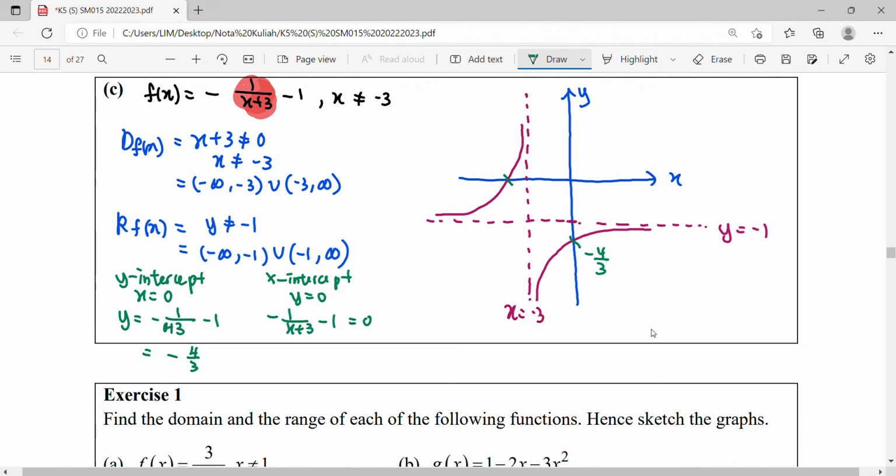So simplify. Inverse it, so it becomes negative, x equals to negative 4 here. So finally, we label the graph. So this is the graph of fx equals to negative 1 over x plus 3 minus 1, where x not equals to negative 3.